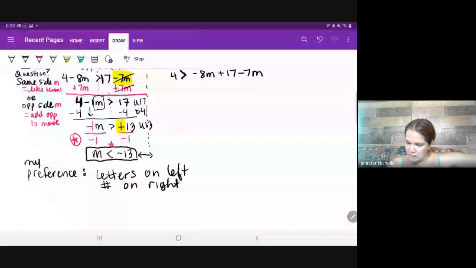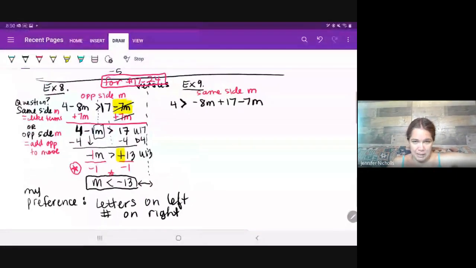Okay, so now this one, same side m's. So same side m's, this guy right here and this guy right here, underline with the negatives because it's very important that you see both of those as negatives. That's a -8m and a -7m.